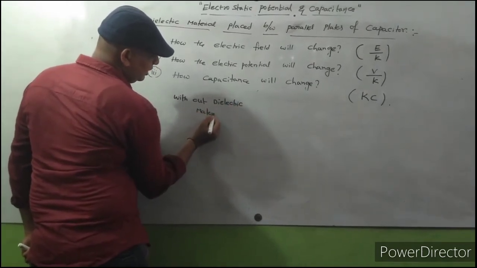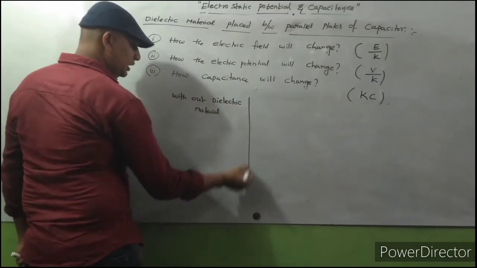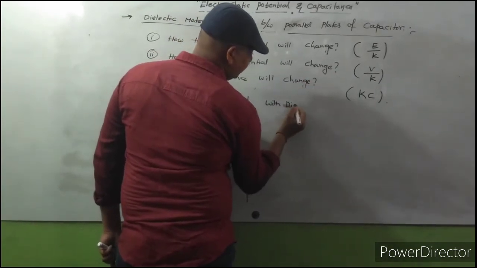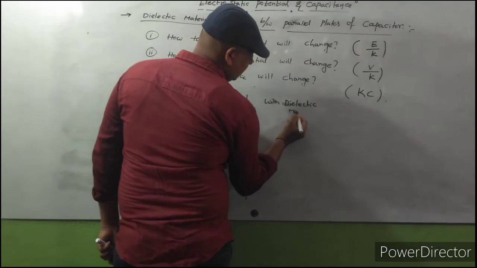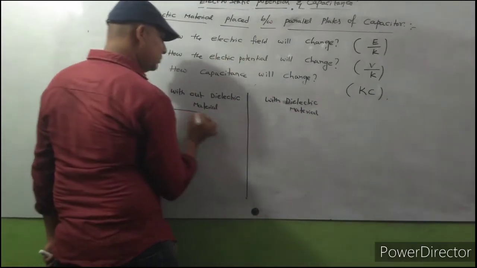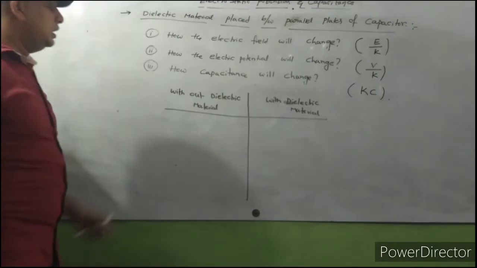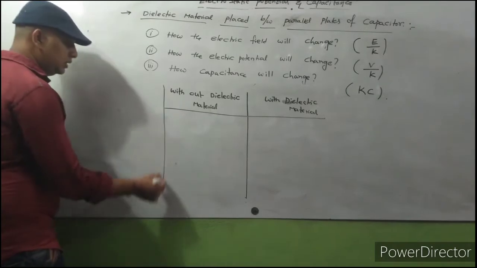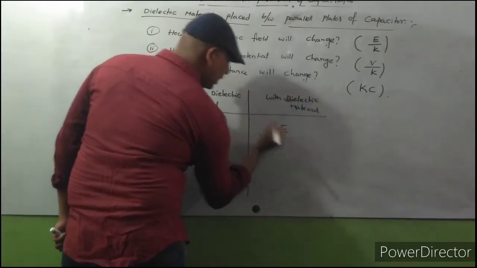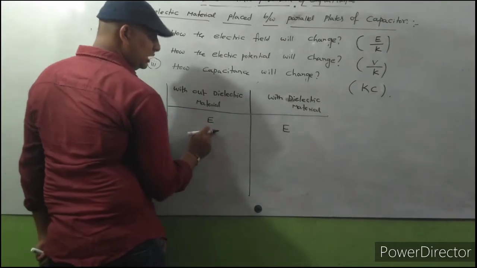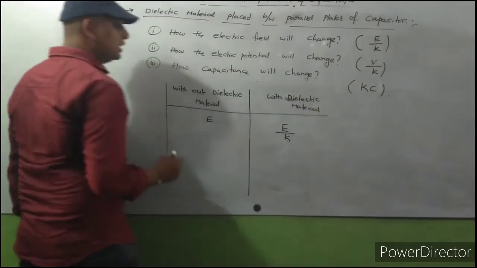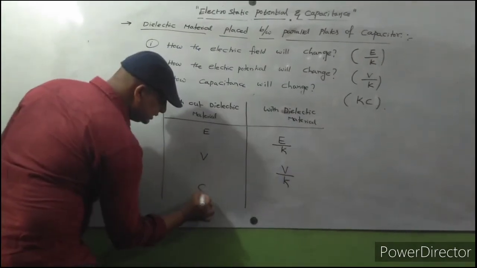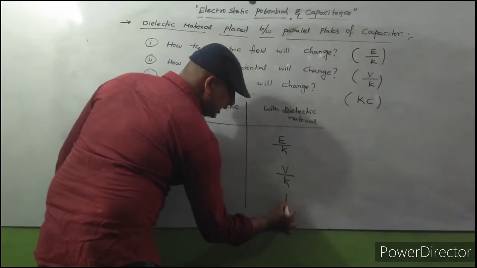Without dielectric, electric field is E, with dielectric material it is E by K. Here potential is V, here potential is V by K. Here capacitance is C, here capacitance is K into C.